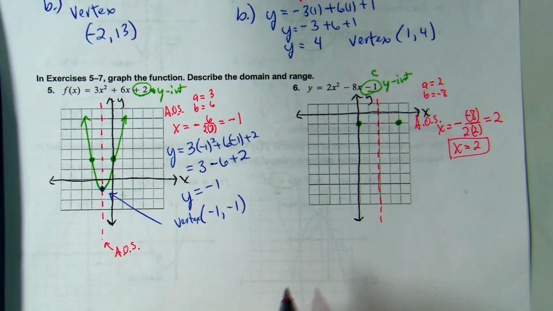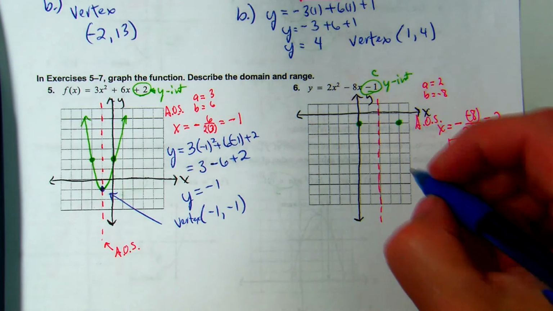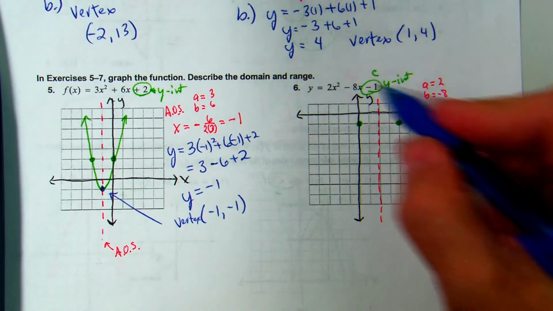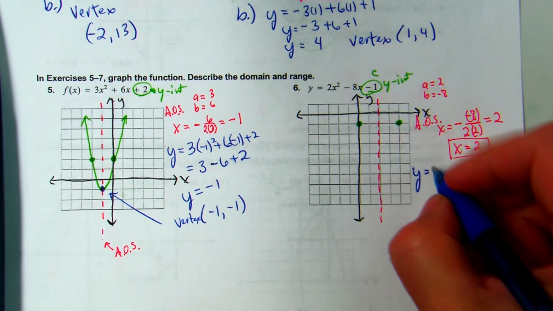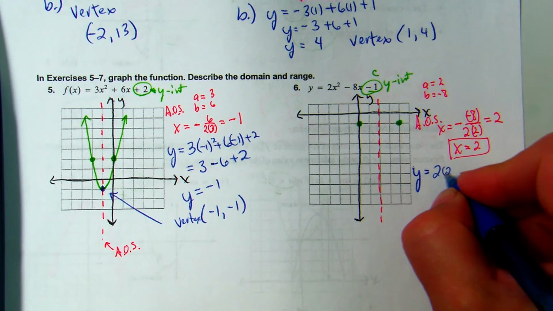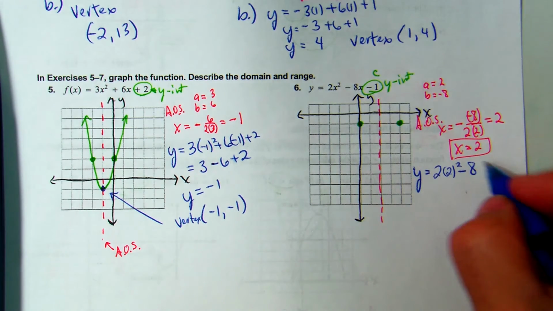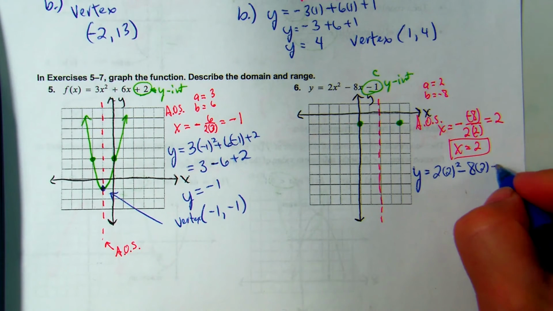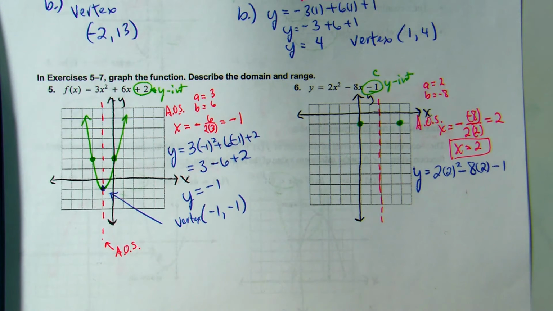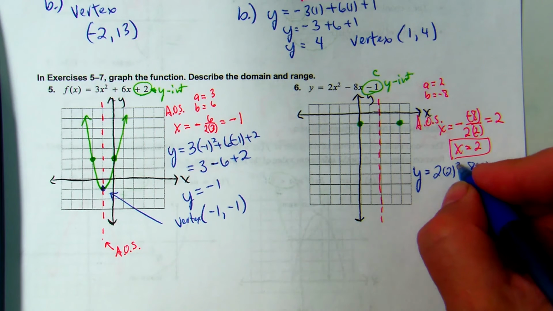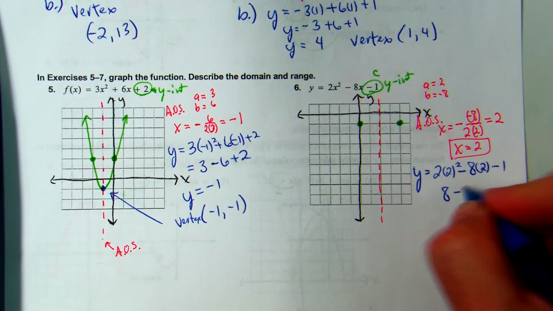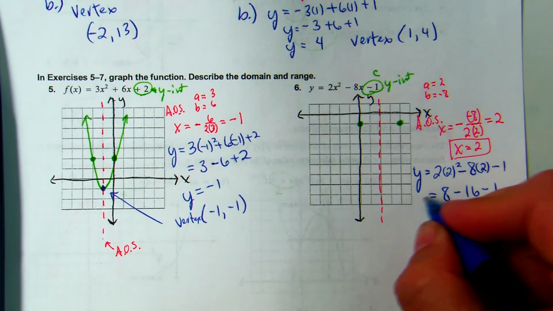All right, and now I need to find the vertex, so I need to find the y value when x is 2. So y equals this equation with 2 instead of x in it: 2 times 2 squared, minus 8 times 2, minus 1. Okay, so I'm going to have 2 squared is 4, times 2 is going to be 8. 8 minus 8 times 2, which is 16, minus 1.